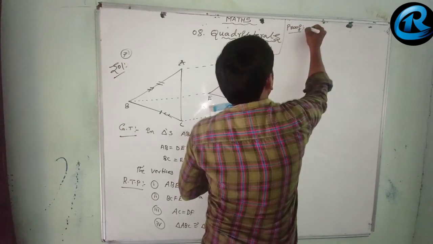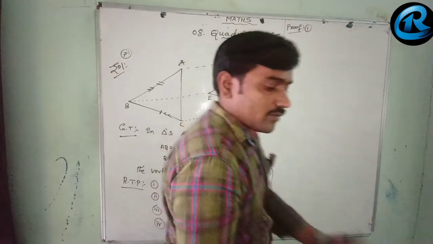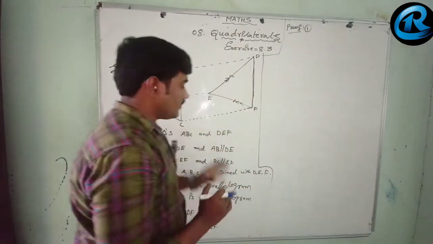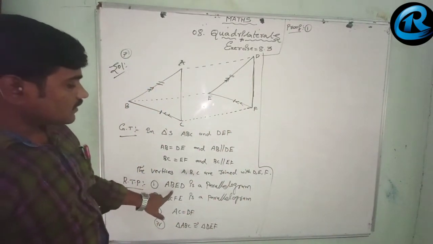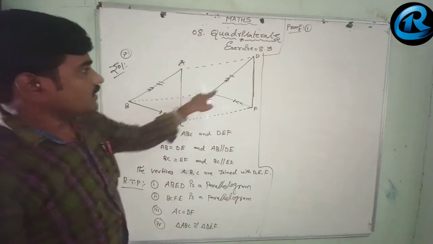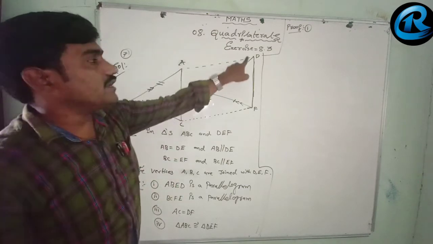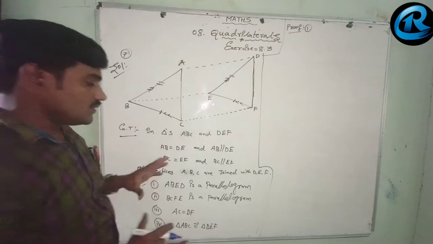Proof number 1. There is no work of textbook now, everything is here. From proof number 1, we have to show that first ABED is a parallelogram. Simple.